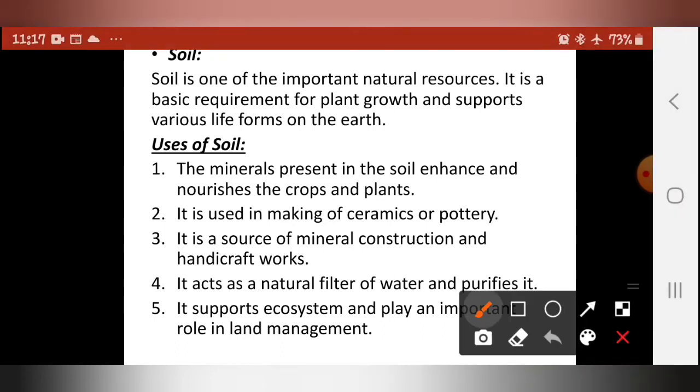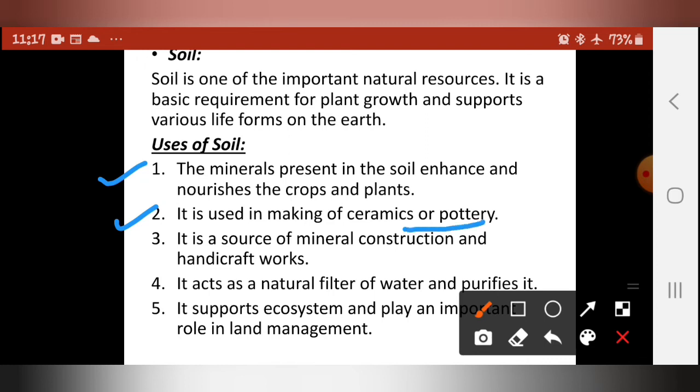First point, the minerals present in the soil enhance and nourish the crops and plants. Second point, it is used in making ceramics or pottery.